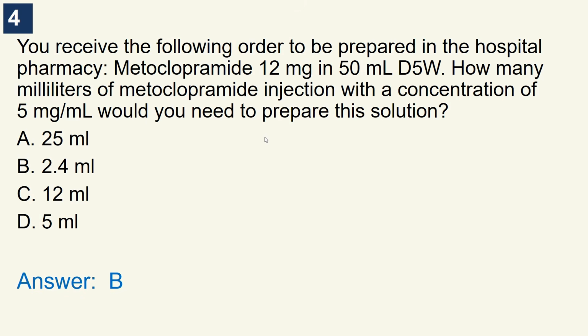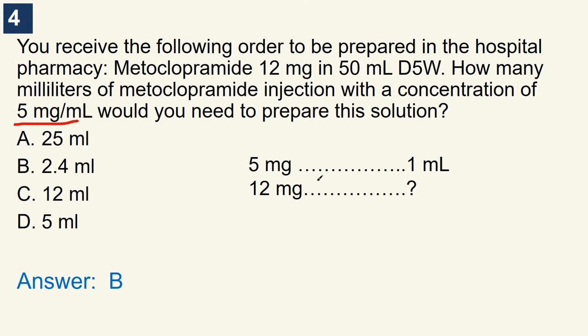The correct answer is B, because 5 milligrams per mL means 5 milligrams of metoclopramide is present in 1 milliliter, and you need 12 milligrams. So simply cross multiply.